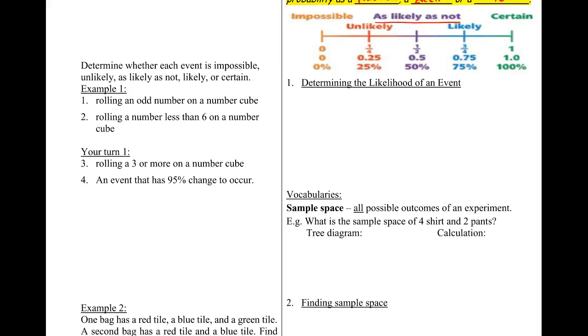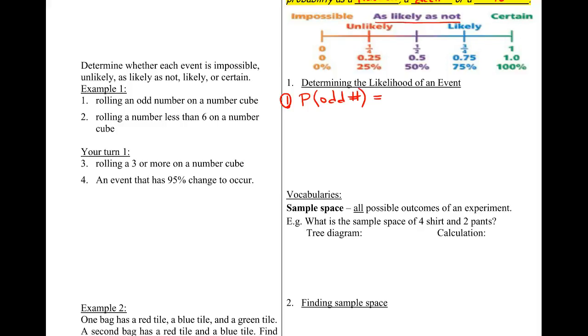So let's determine, over here on the left, I've got 4 examples for us. Let's determine whether each event is impossible, unlikely, as likely as not, likely, or certain. So first I have the probability of rolling an odd number on a number cube. And this is how we write probabilities, P in parentheses something.